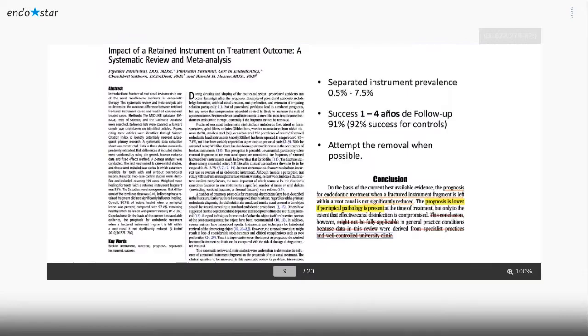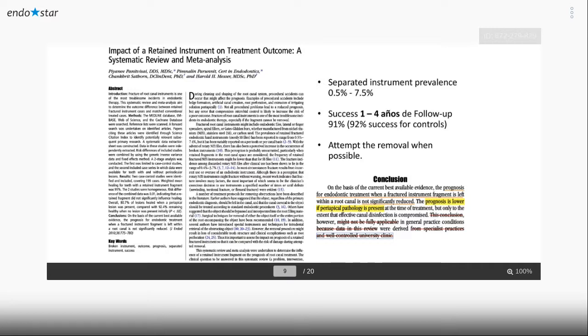Okay. Look at this study. This study is very interesting because it's a systematic review, with a very good impact rate for this scientific article. What this article says is that the prevalence of separated instruments goes from 0.5 to 7.5%.